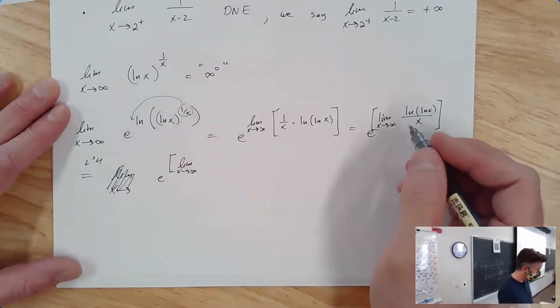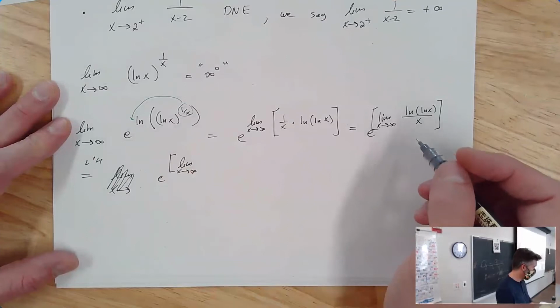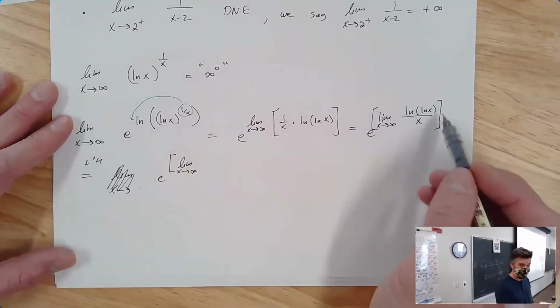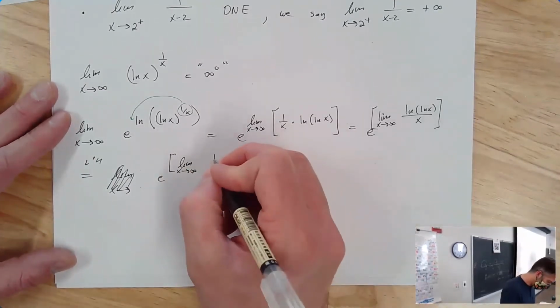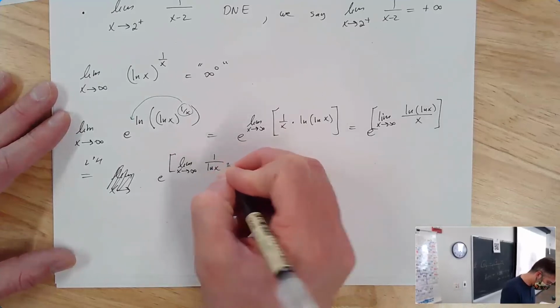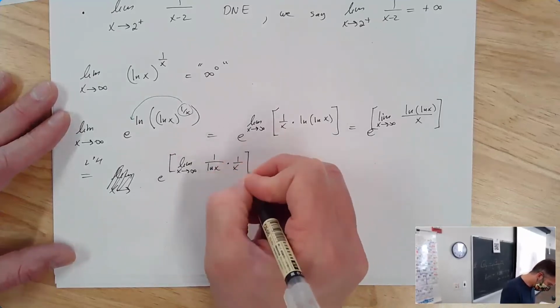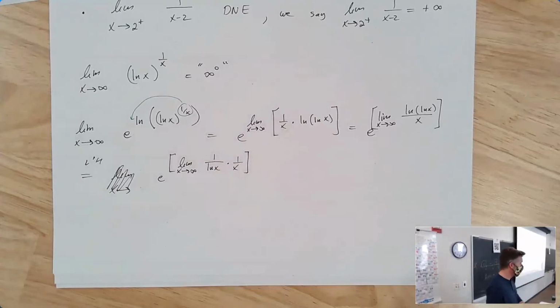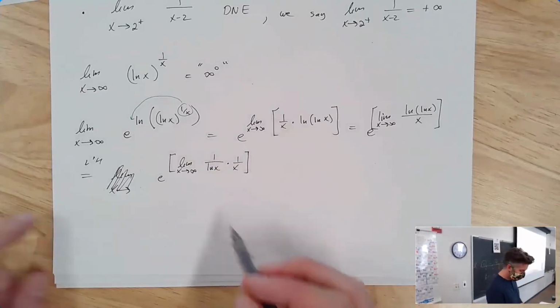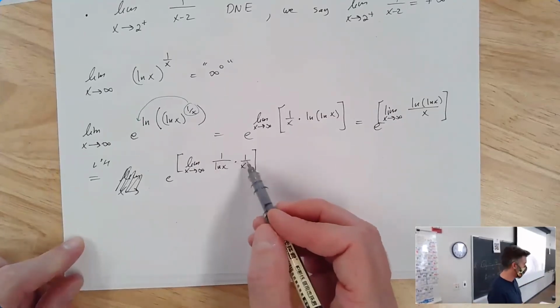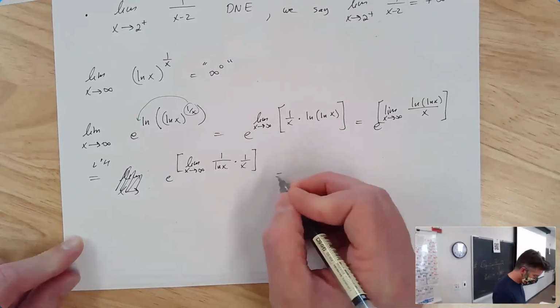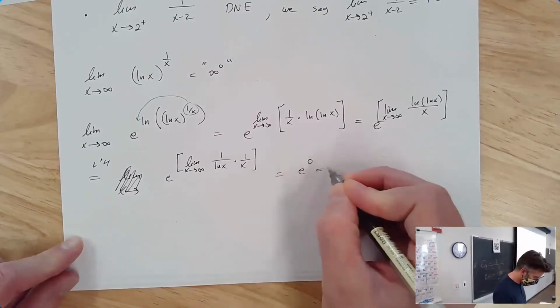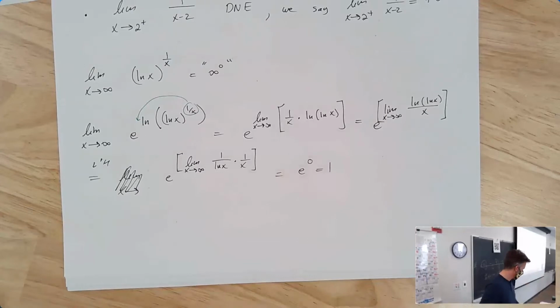Well, the derivative of the bottom is going to be 1, so I'm not even going to worry about it. I'm just going to do the derivative of the top, which is 1 over the stuff times the derivative of the stuff. And that limit is definitely 0 because 1 over infinity times 1 over infinity is certainly going to 0. So it's going to be e to the 0, which is 1.